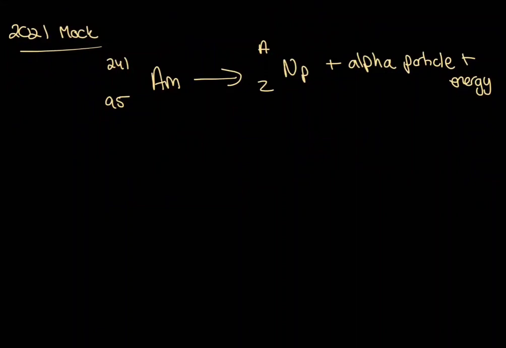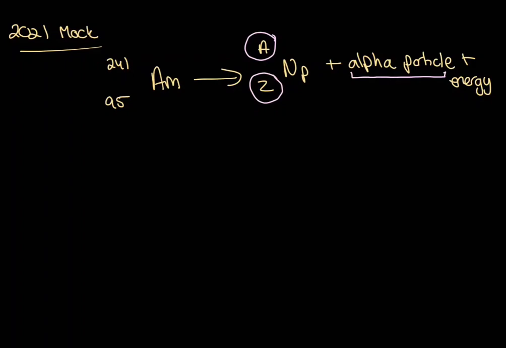Now down here, this is a mock question. So you see that we're not given as much information here. We have A and Z, they're supposed to be numbers, but we need to figure those out. It tells us the type of radiation, so we need to know what an alpha particle means in terms of numbers.